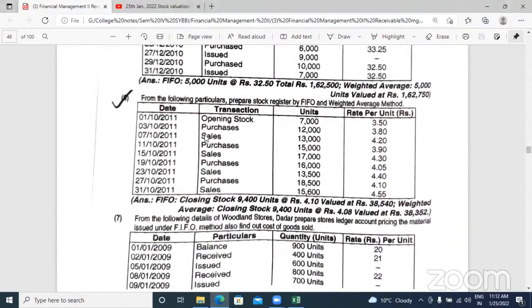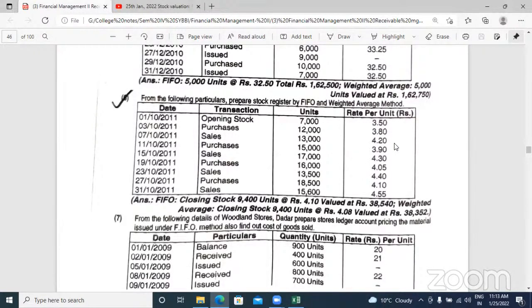Sixth sum homework. Ignore the rate per unit of sales items. Just for an example, if there are sales on 7th October 2011 of 13,000 units at the rate 4.20, this 4.20 is not to be considered. Are you getting my point? Yes, ma'am.